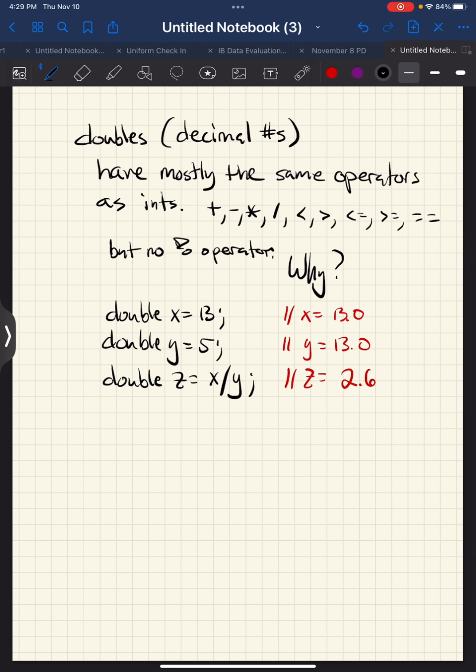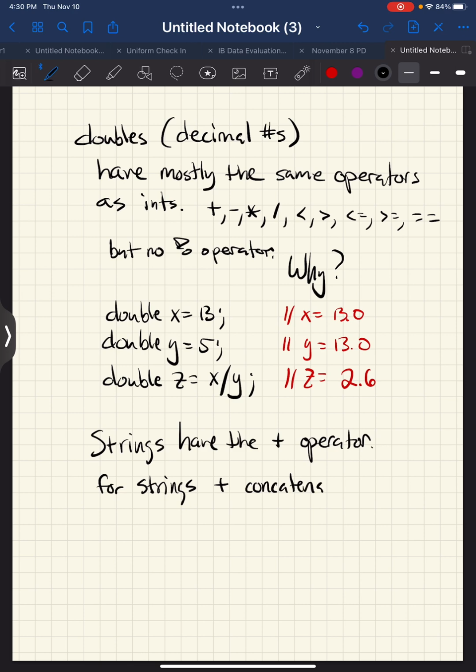Strings, even though they're not a primitive type, they're a reference variable, do have the plus operator. But it doesn't add the values, it concatenates. Concatenates two strings, which means it puts them together.